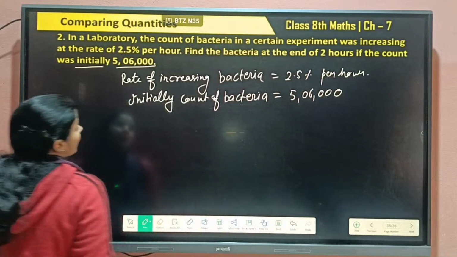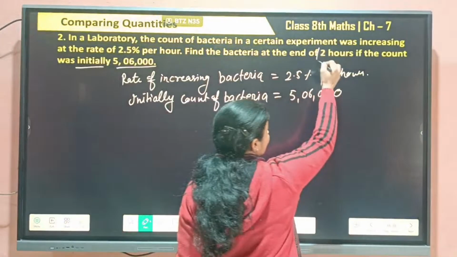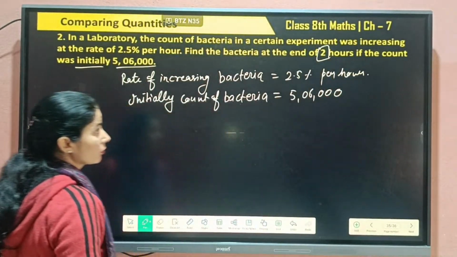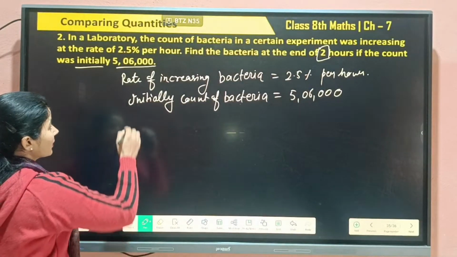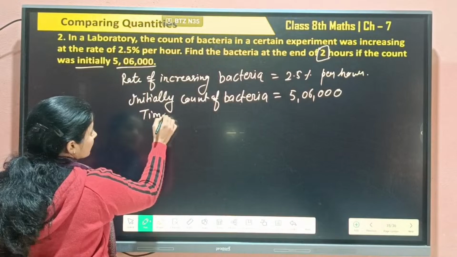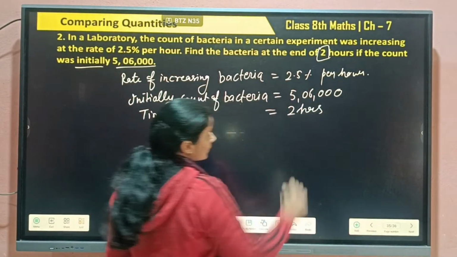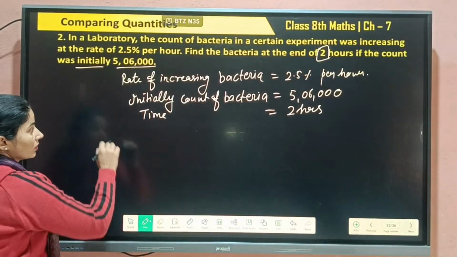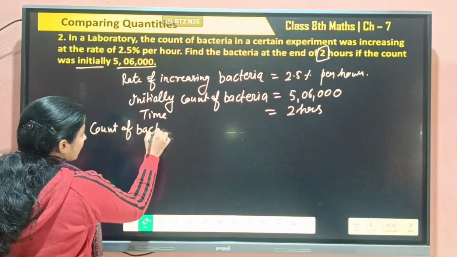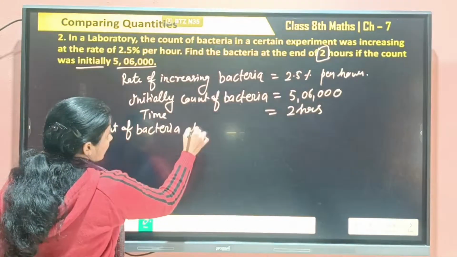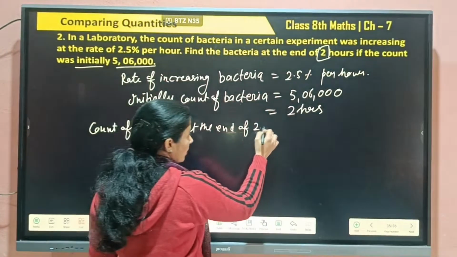And we have to find the bacteria at the end of 2 hours. After 2 hours, we need to tell what will be the increase in the count of bacteria. That time is 2 hours. So we can find the count of bacteria at the end of 2 hours.